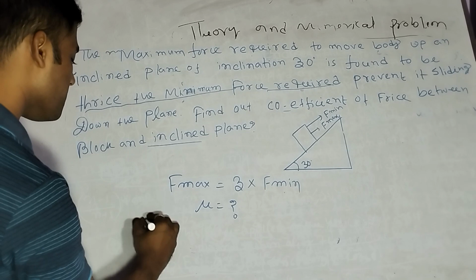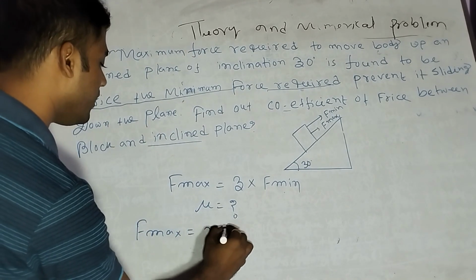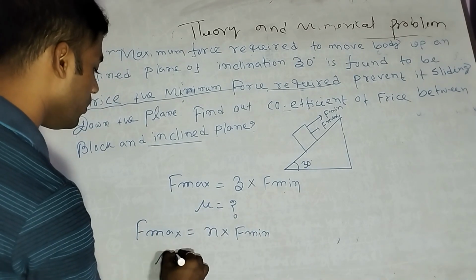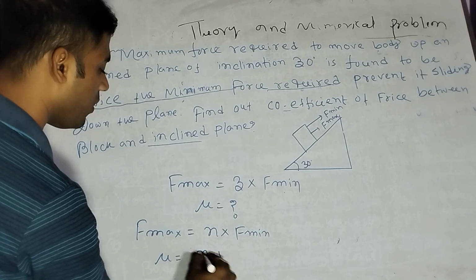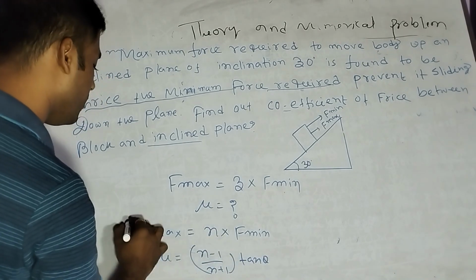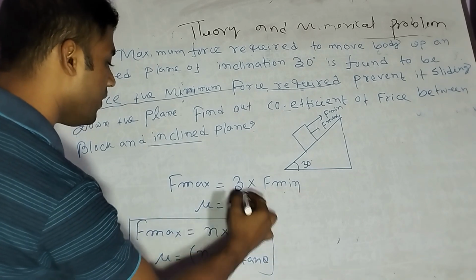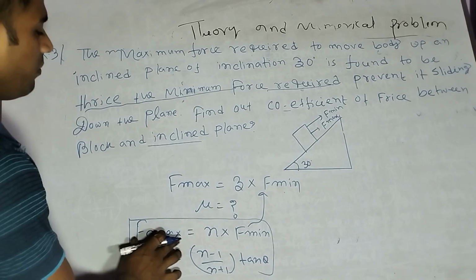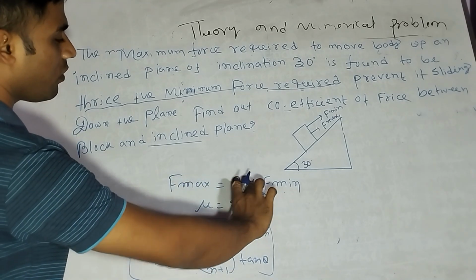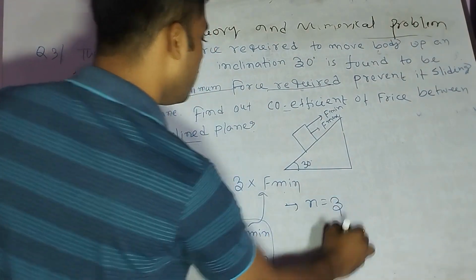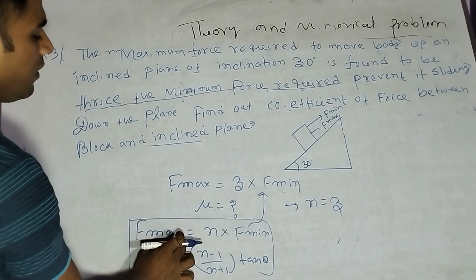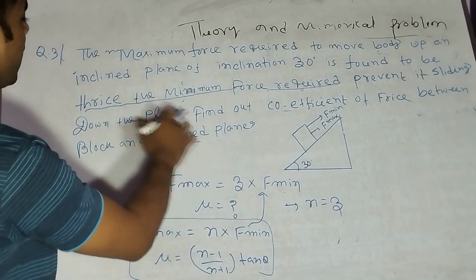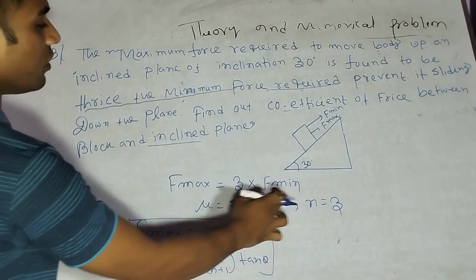We know that F max is equal to n times F minimum, and mu is (n minus 1) divided by (n plus 1) into tan theta. We compare this equation with the question: F max is equal to n into F min, and according to the data F max is 3 times the minimum force, so n is 3.